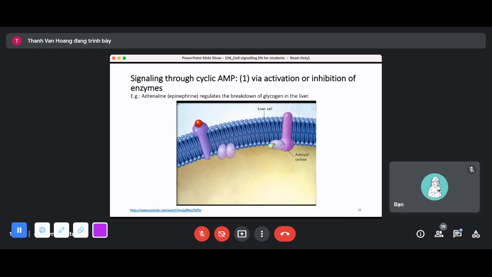When activated by the G protein subunit, adenylyl cyclase catalyzes the formation of cAMP from ATP. The cAMP formed at the inner surface of the membrane diffuses within the cytoplasm, where it binds to and activates protein kinase A, an enzyme that adds phosphate groups to specific cellular proteins.